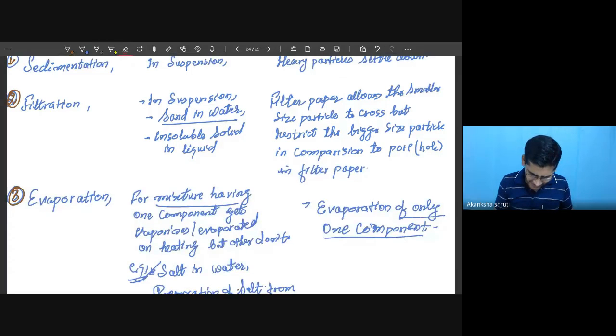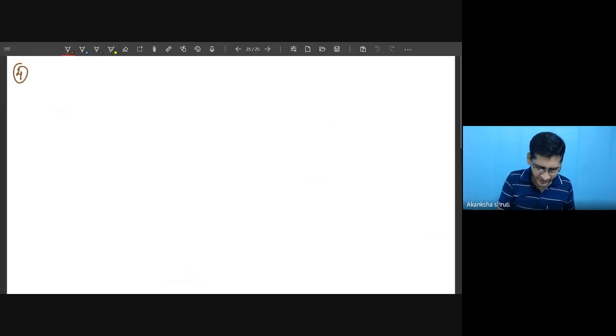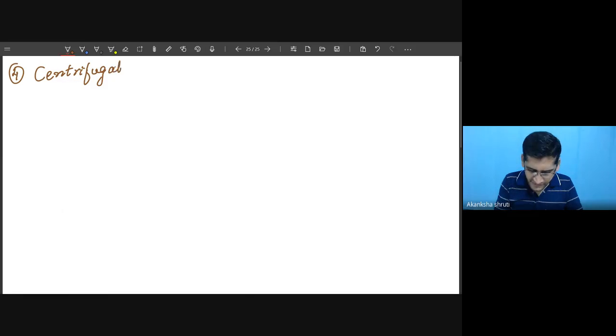So the next technique that we are using is centrifugation. It was the third one; the fourth one is called centrifugation. Centrifuge and centrifugation mean the same thing.